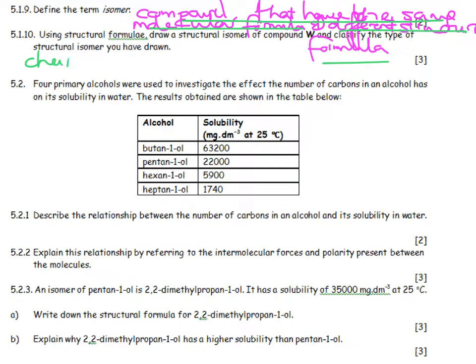There are chain isomers, you get positional isomers, and you get functional isomers. And there were 2 things that you could have easily done with compound W. It had a double bond in it, so you needed to keep that double bond in to keep the same number of atoms, and you land up with 2 possibilities.